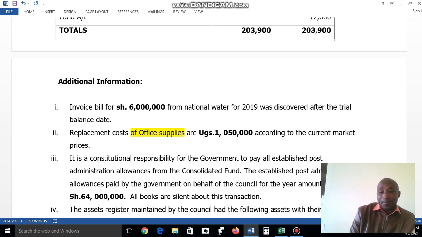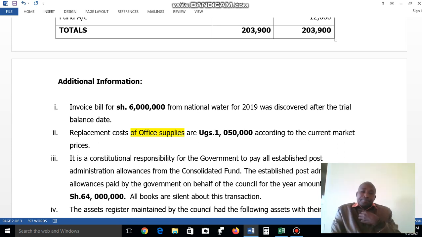According to the current market prices, you get 1,050,000. The other one is 1,200,000. So here there is a decrease in value of the inventory.